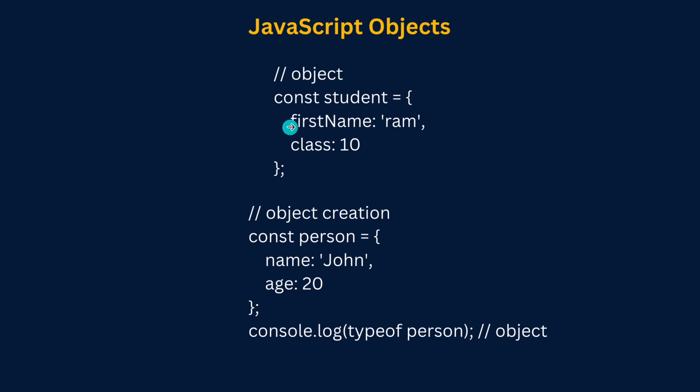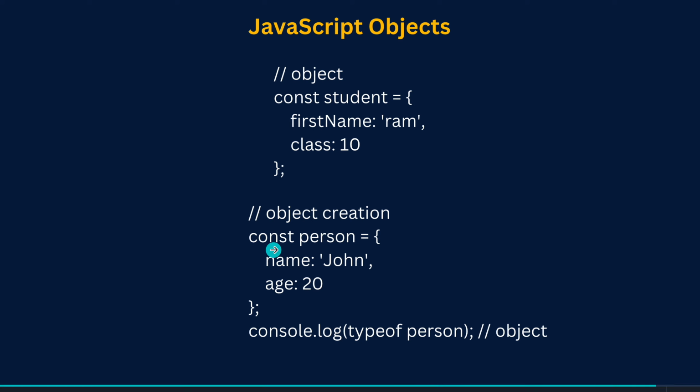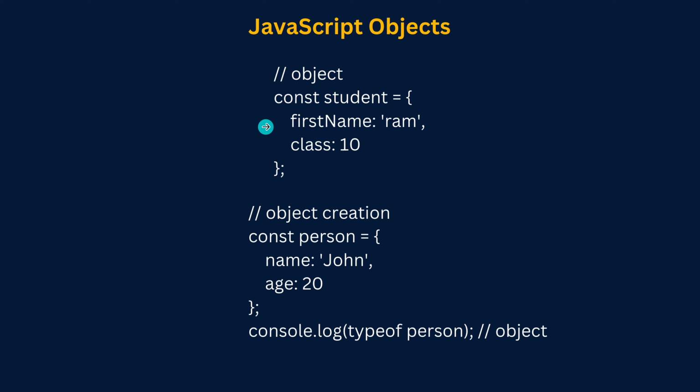The next topic is objects. So these are objects in JavaScript, like a student, key value, person, key value, right? The type of person is object. This is the format of objects in JavaScript.